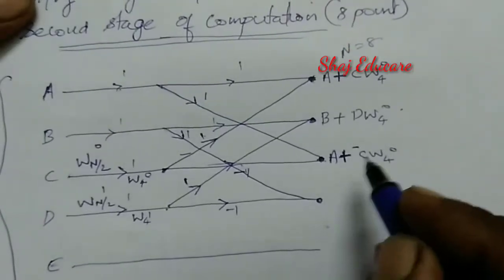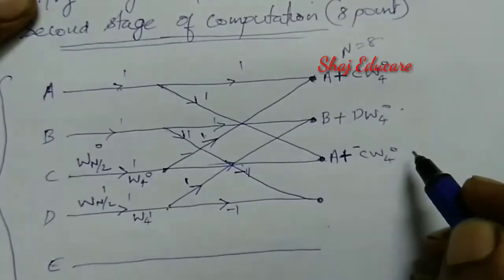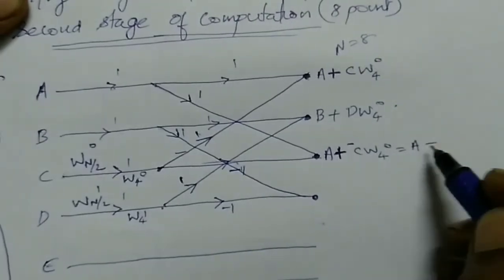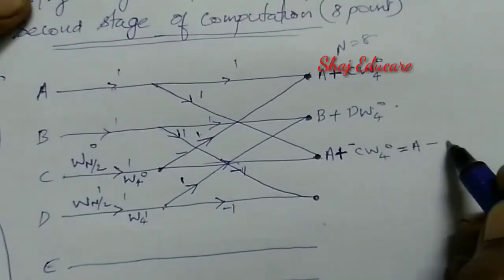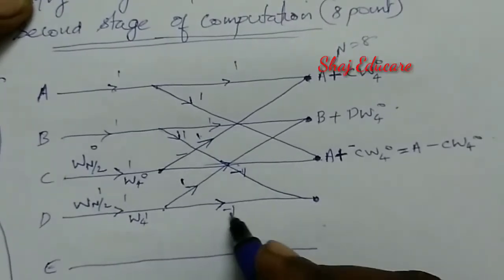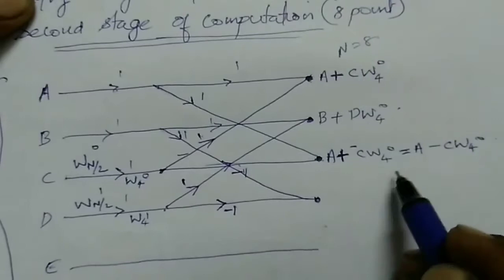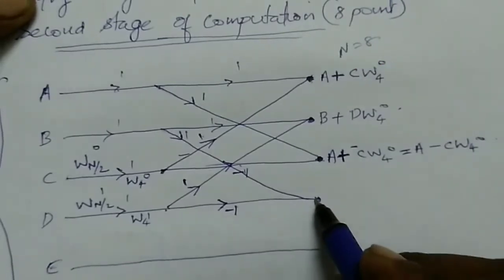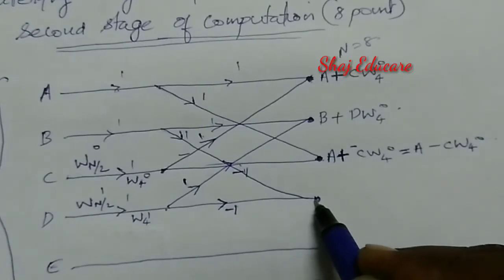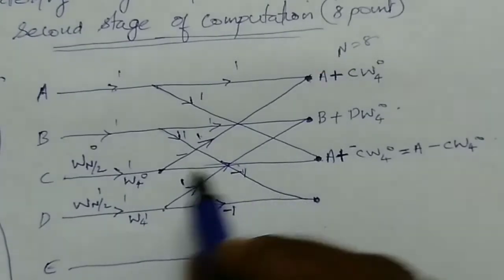Now plus into minus is equal to minus, so this will be equivalent to A minus C into W_4 raised to 0. Here also, as we are multiplying with minus 1, this node will behave like a subtract point. I will demonstrate that also.